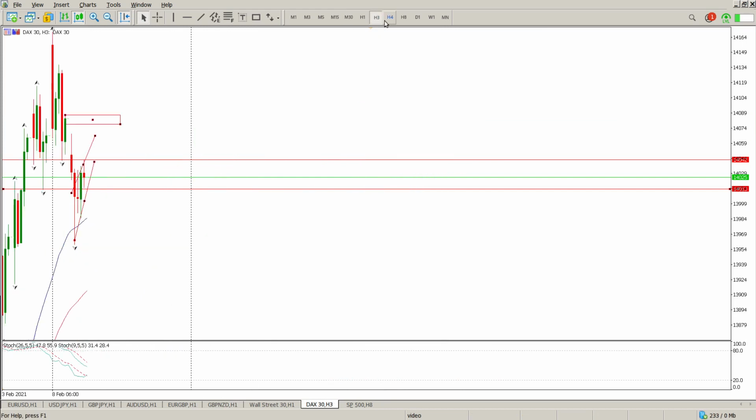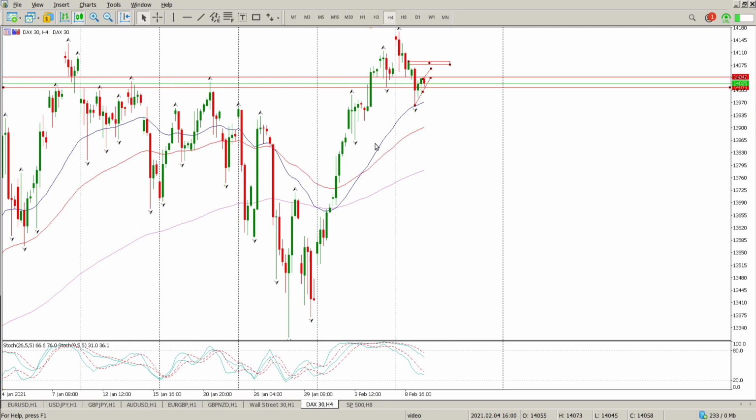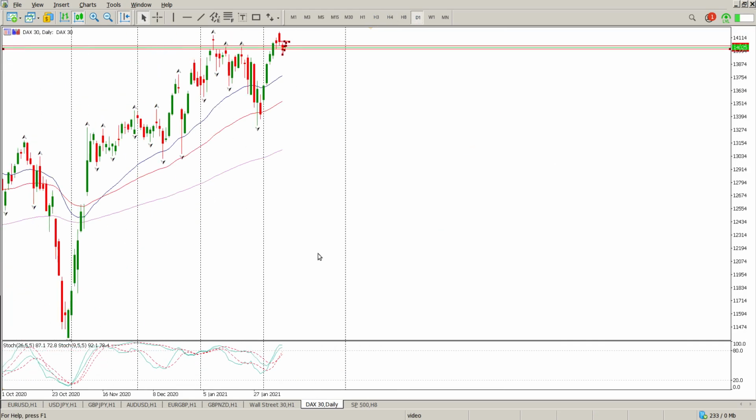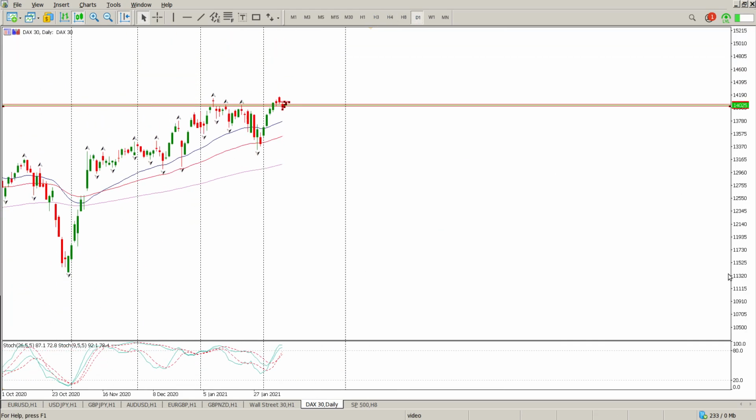But the trend is up, don't get me wrong, the trend is up at the moment on the 3 hour, the 4 hour, the daily. Everything is up at the moment. However, there is also a little bit of divergence here.